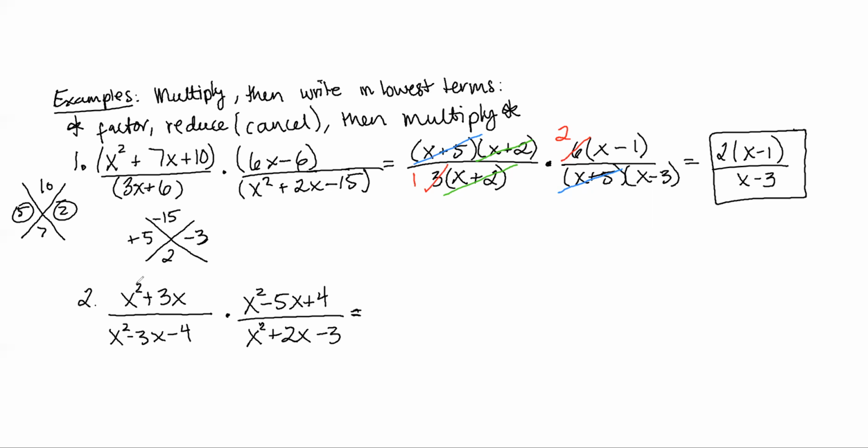The top left, we have an x squared plus 3x. It's not a trinomial, so we're not going to use the big X. All we can do here is take out an x, and we're left with an x plus 3. On the bottom here, 3 terms, so we're going to use our big X. We're multiplying to a negative 4, adding to negative 3.